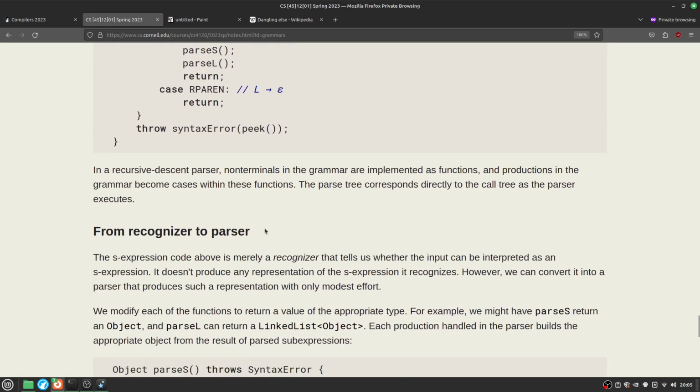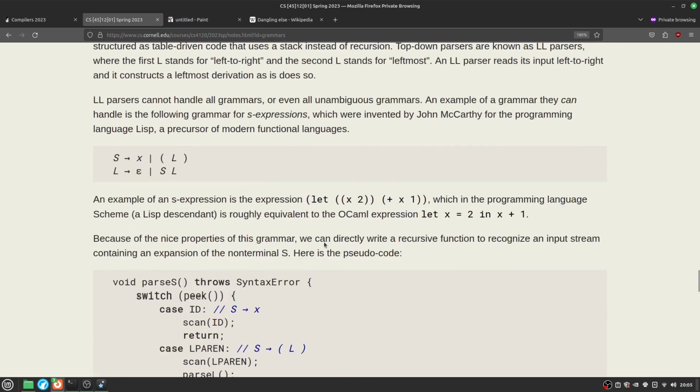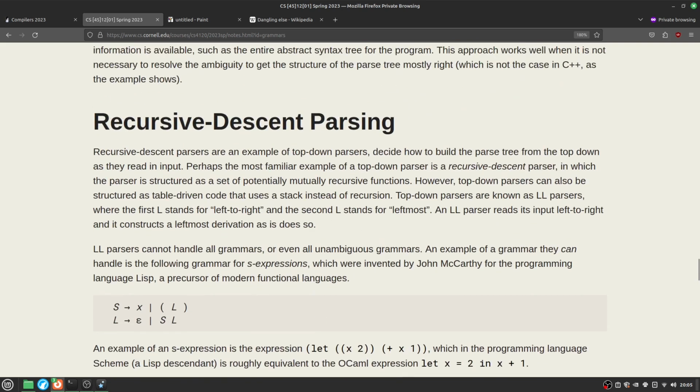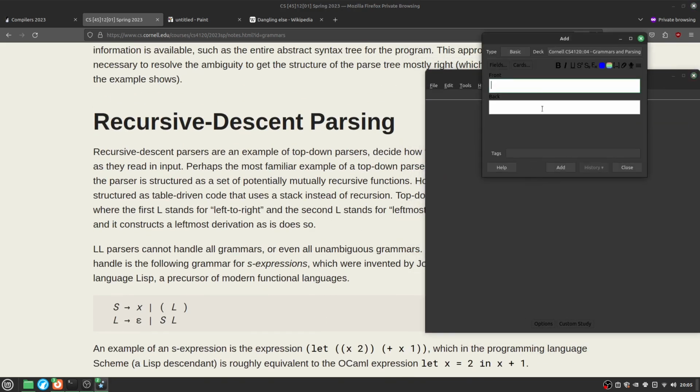Alright, cool. I'm going to write some of this down. Top down parser.